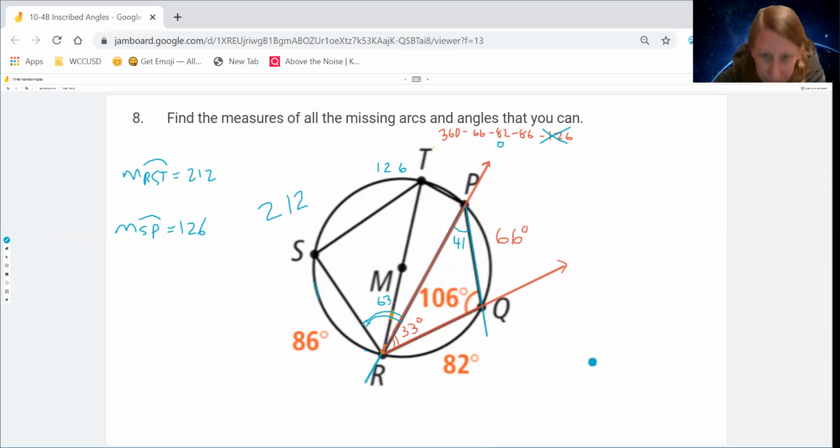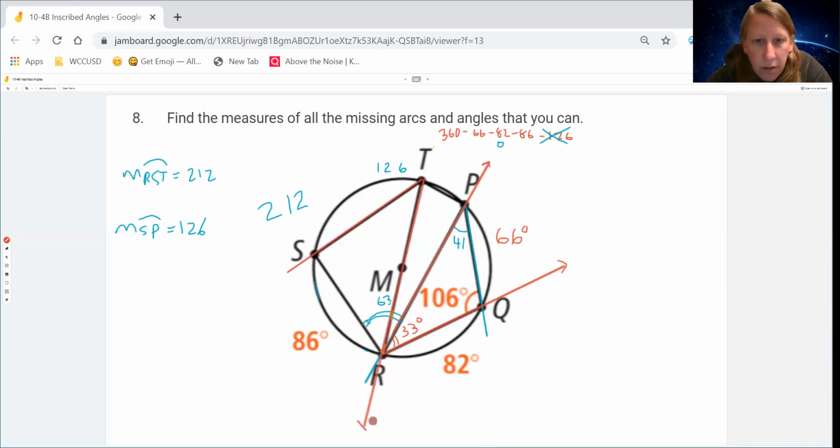All right, now what? Got the 120, 212, 126. We got, oh, how about this one? This one looks like fun. Can we work it backwards in our brain?